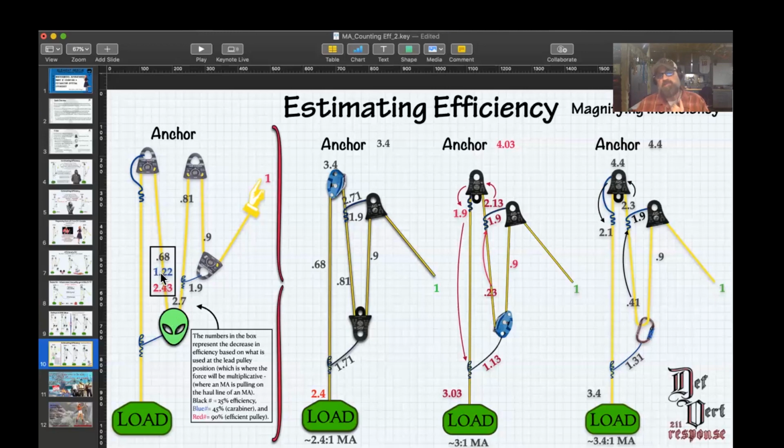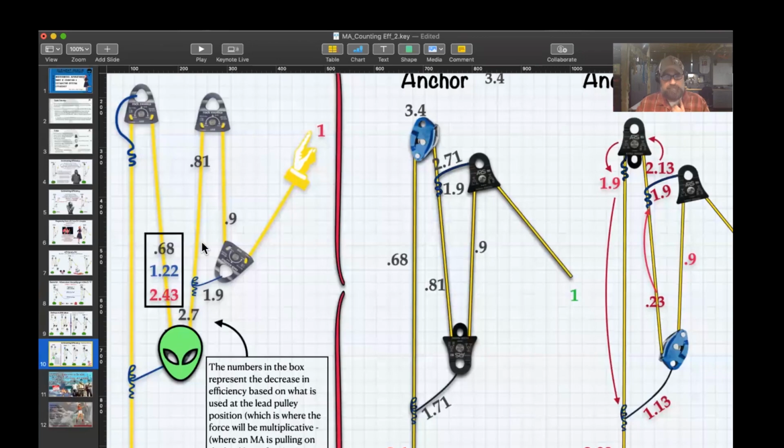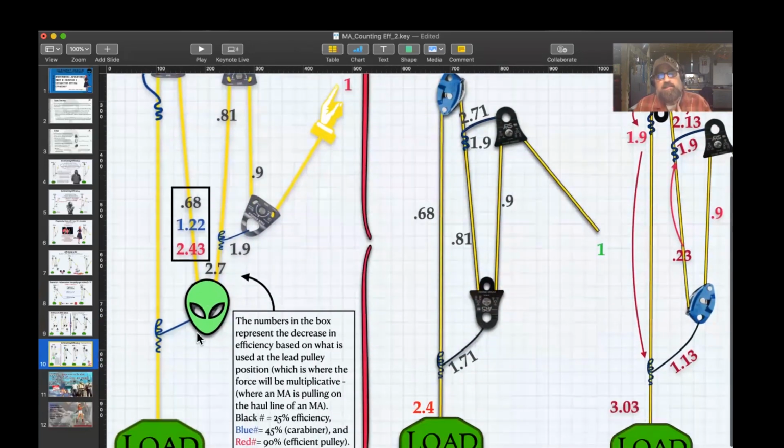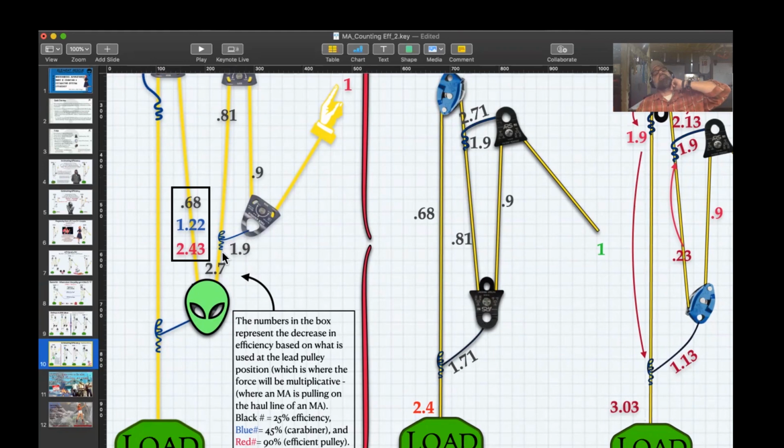So we look at a couple of numbers here, and I'll zoom this in a little bit to show the difference. If this was an efficient pulley, then when this 2.7 comes in, 2.43 comes out. So I maintain great efficiency, and it's magnified.